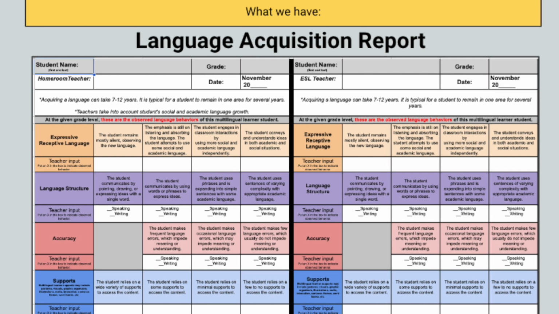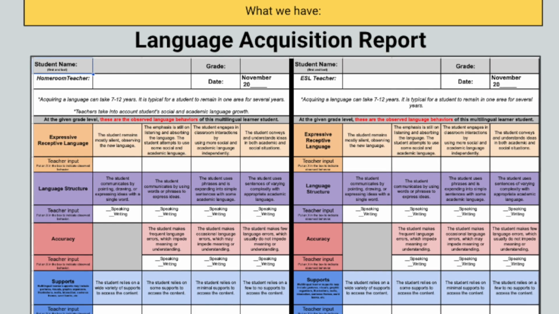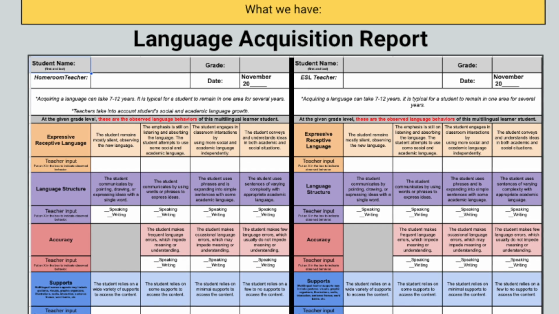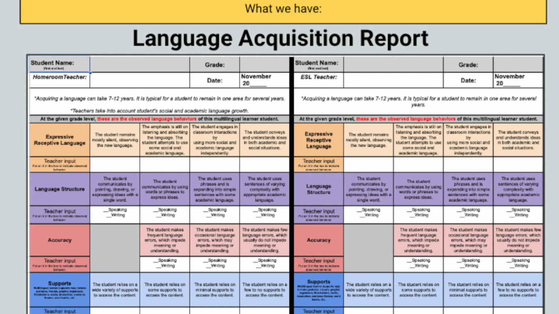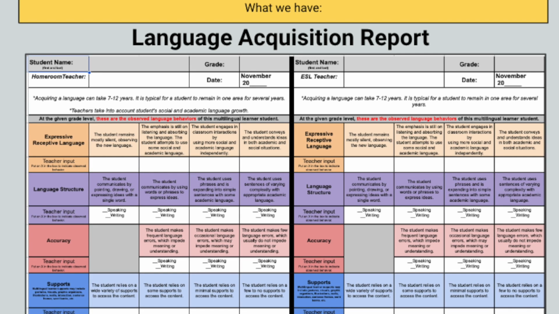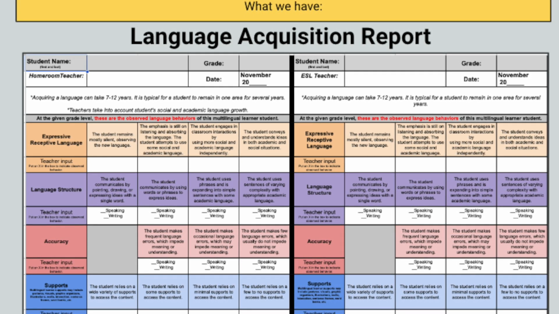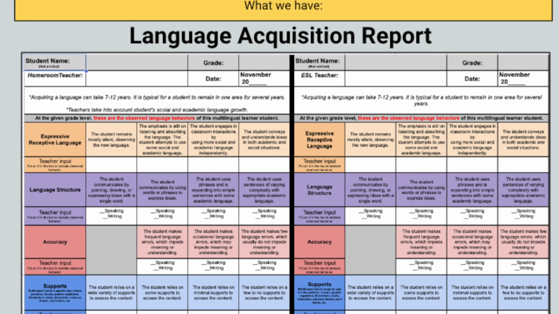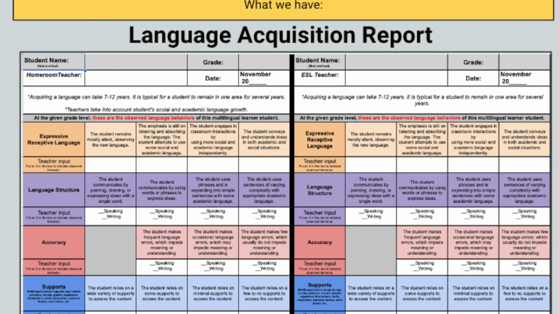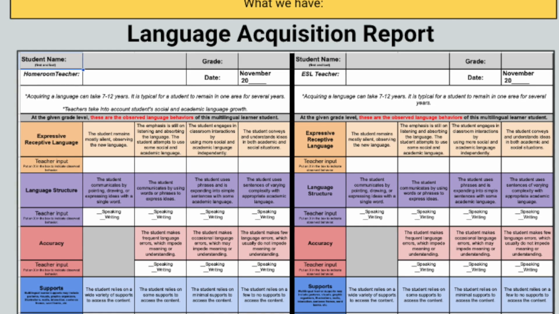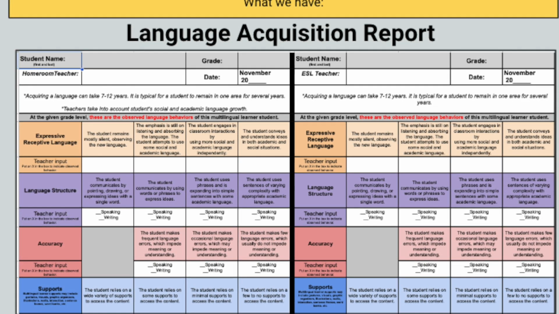So you're going to think about expressive and receptive language. Are the students mostly silent, or are they engaged in classroom interactions by using social and academic language? You're going to look at language structure. Does the student communicate by pointing and drawing, or is the student able to use phrases and expand into simple sentences? You're also going to think about the accuracy of their language.